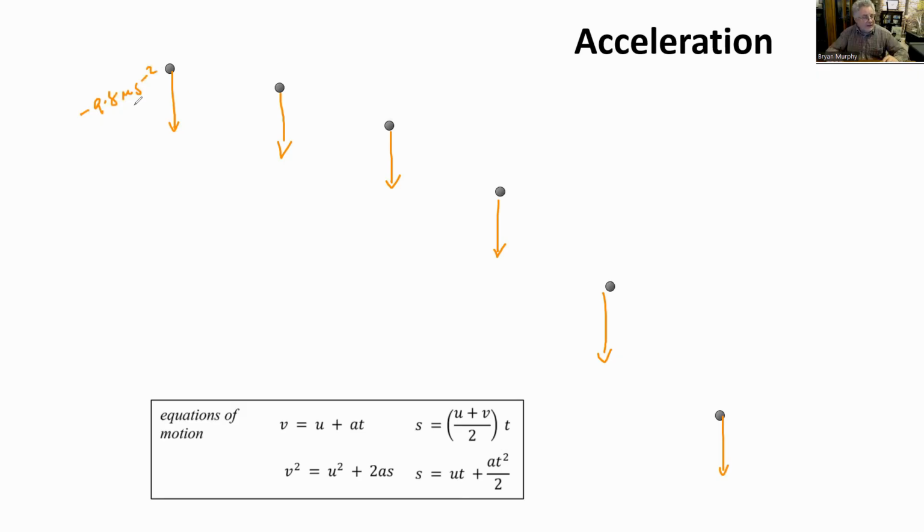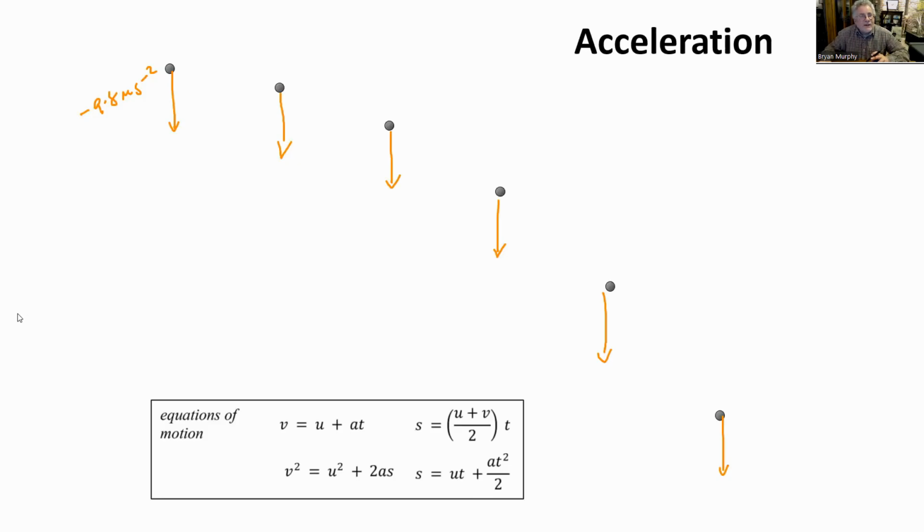The acceleration is the weight of this thing, which is always acting downwards. So acceleration is easy. Okay, quite a few questions. There's one coming up. It simply says, draw on the trajectory an arrow to show the acceleration at point X, downwards. Okay, downwards. Nothing strange going on there.